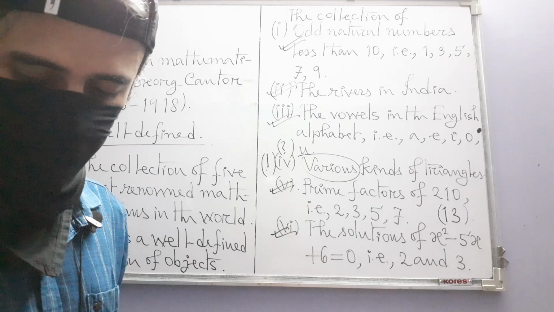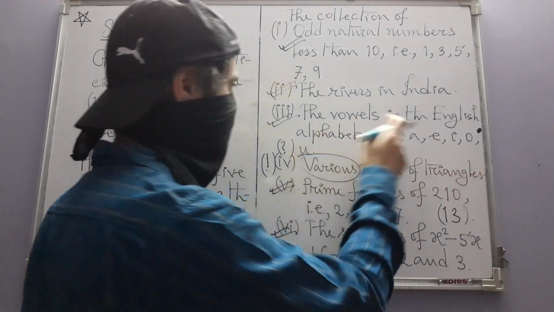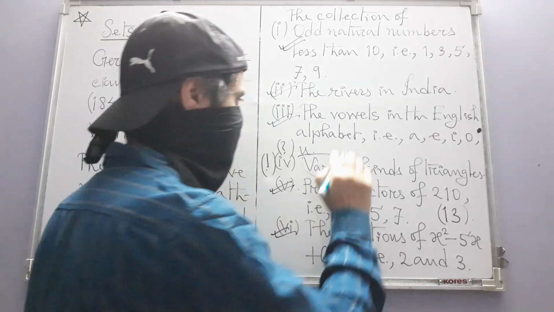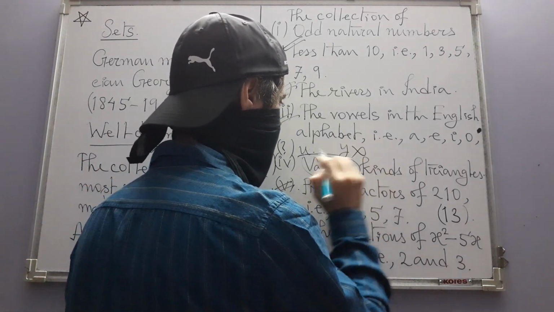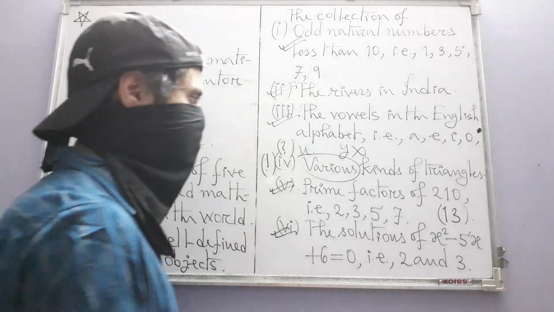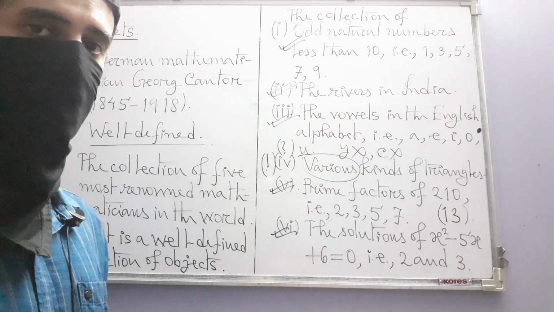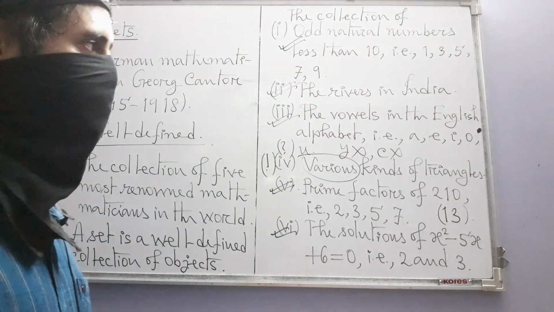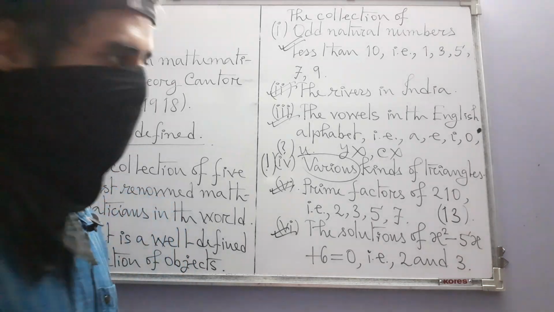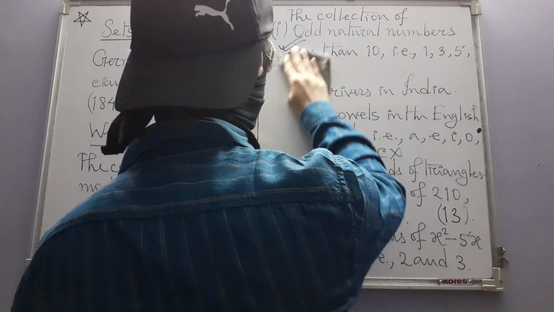Similarly, we know that, say, U belongs to the collection of all vowels in the English alphabet. However, Y is not an object in this collection. Okay. Or for example, the letter C is not an object in this collection. Alright, so now that well-definedness of a collection is clear, we can move on.